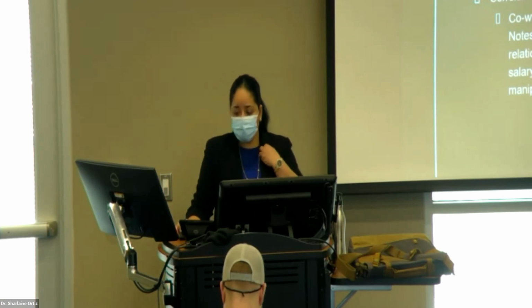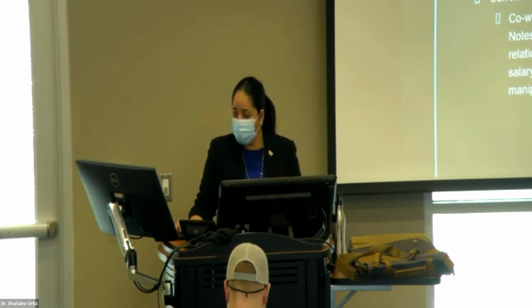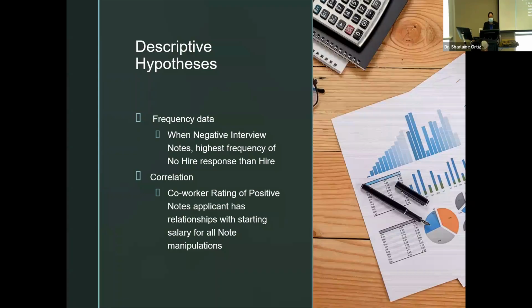So in regards to our study, let's look a little bit more in detail at frequency data as it relates to the Huffcut article. Notice that whenever we're talking about frequency, we're referring literally to a count, right? How many of these or how few of these can we find in our article?